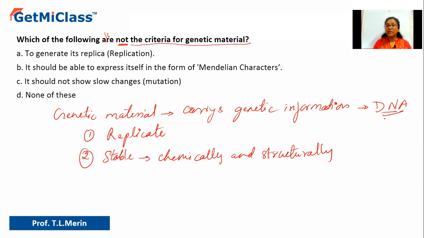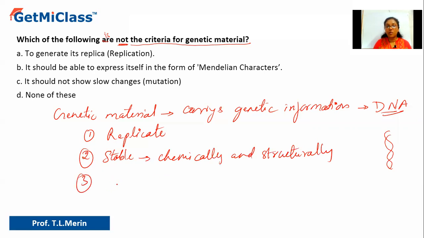That's why we have a double helical structure with a lot of hydrogen bonds between the bases, forming the stack, and that gives further coiling. It becomes a chromosome along with the proteins, and that's how it is stable. So that is another criteria, because only if it is stable can it transmit the information.